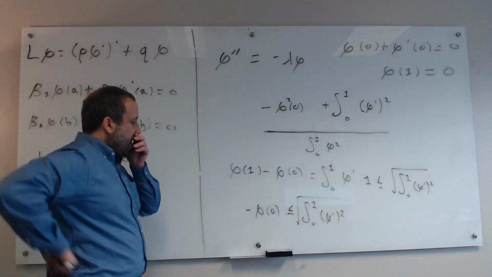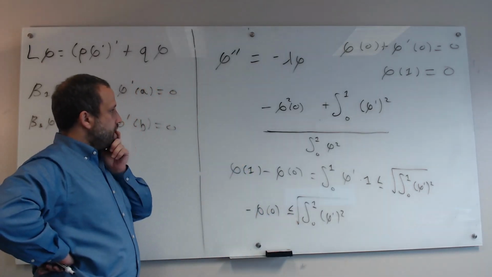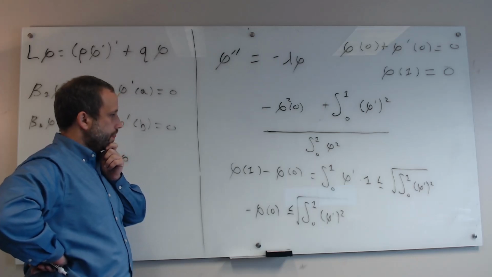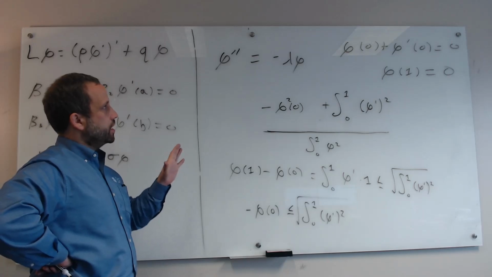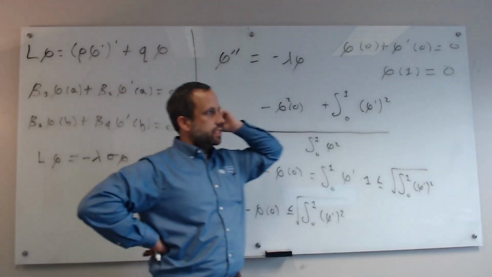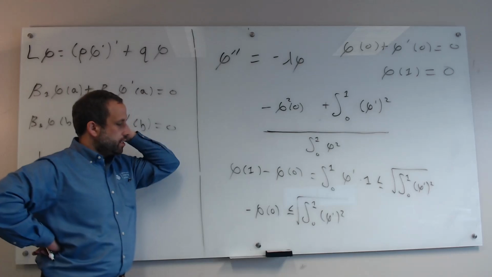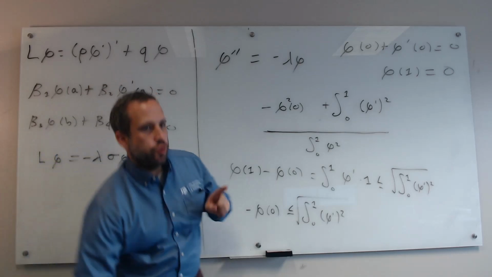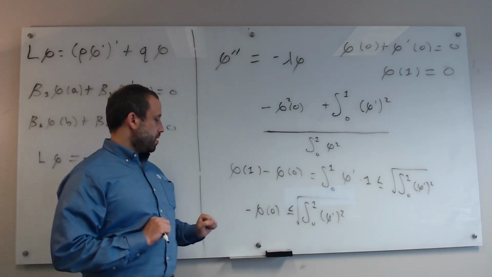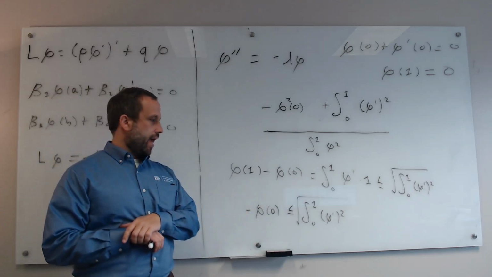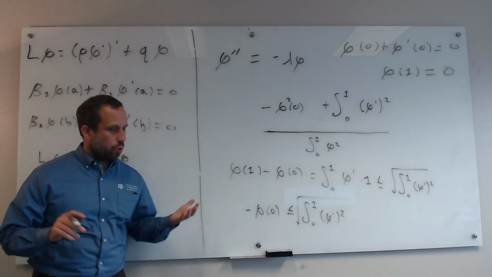Now, notice one thing that we can assume here. All we've assumed about phi is that it is an eigenfunction and it satisfies these two boundary conditions. So I can assume that the eigenfunction I'm dealing with right now, phi of 0, is negative. Why can I assume that?